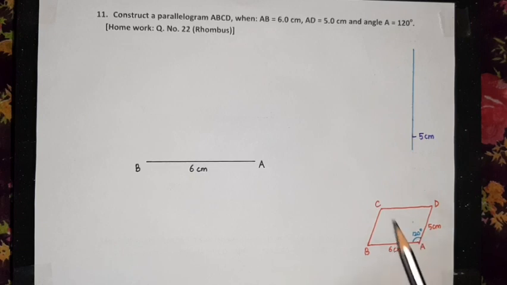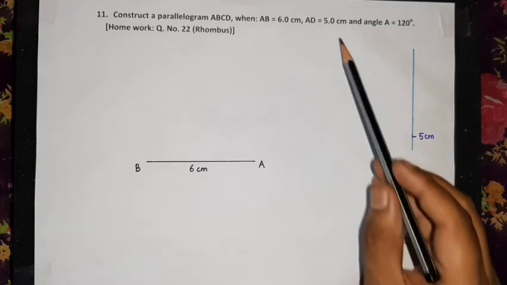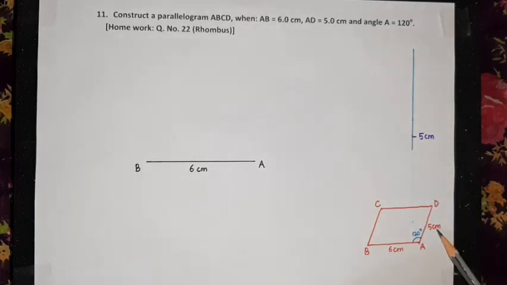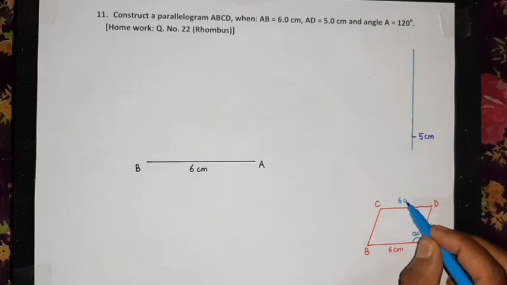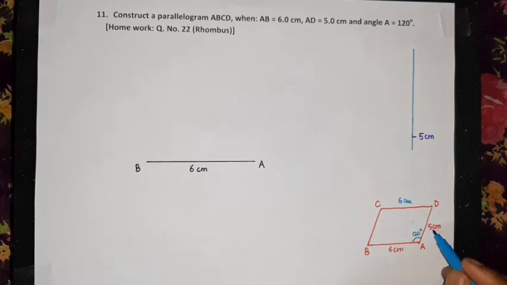AB is given to be 6 centimeter, and this 120 degree is at A. So this is my ABCD. AB is given to be 6 centimeter and AD is given to be 5 centimeter. Now one more property of parallelogram says that if this is my 6 centimeter, then this is also my 6 centimeter, and if this is my 5 centimeter, then this is also going to be my 5 centimeter.